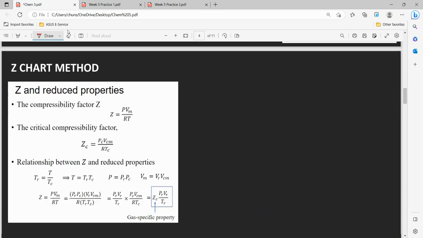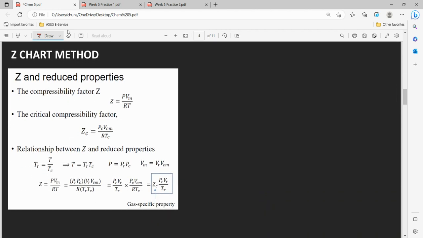Okay, so next we're going to talk about the Z-chart method to solve for the compressibility factor, where Z is equal to our pressure and so on. Just use this equation here. If we were to rewrite this, it would look a little something like this.